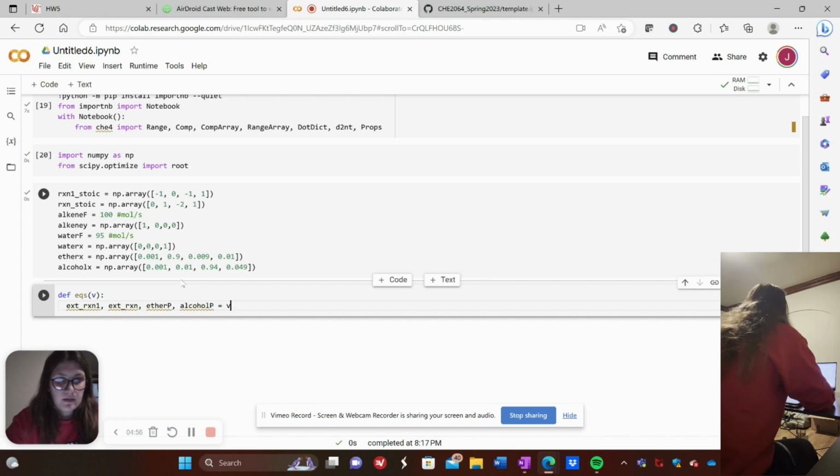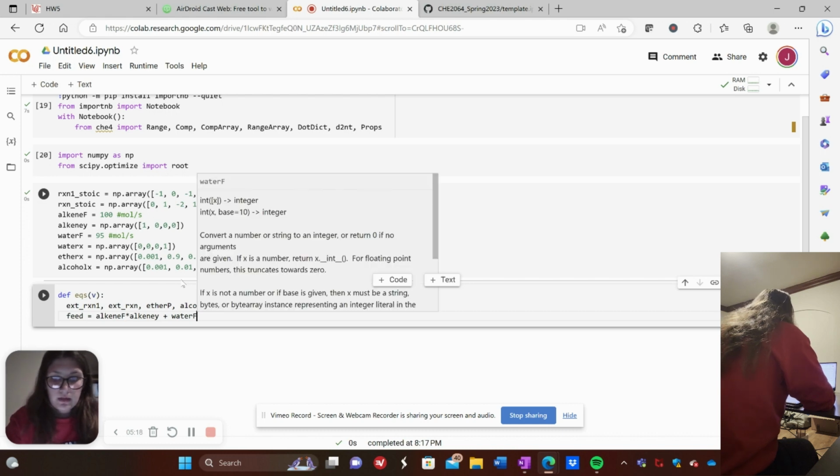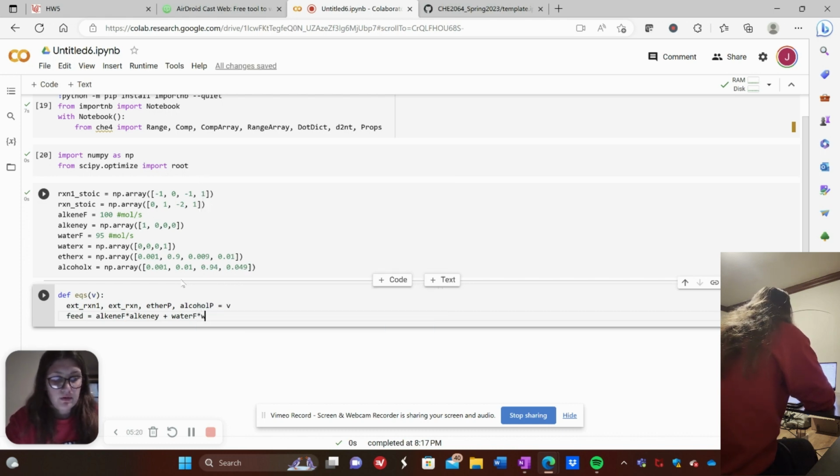And then we have our actual equations. First we have our feed that is going into the system. So that's our alkene flow times our alkene composition plus our water flow times our water composition.